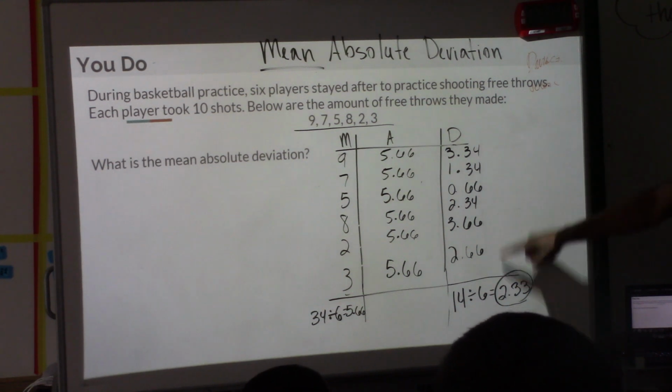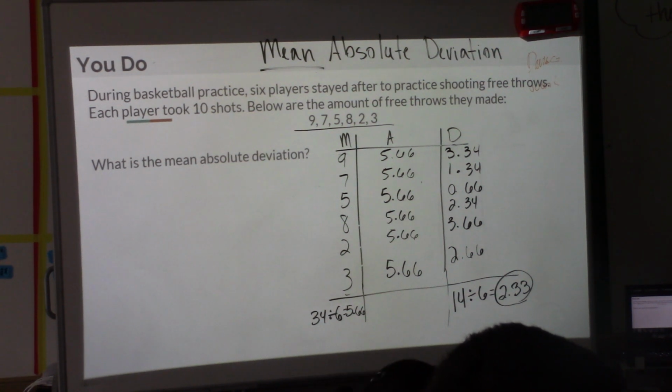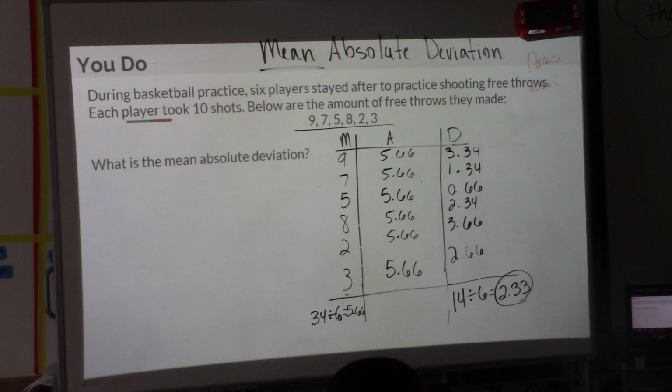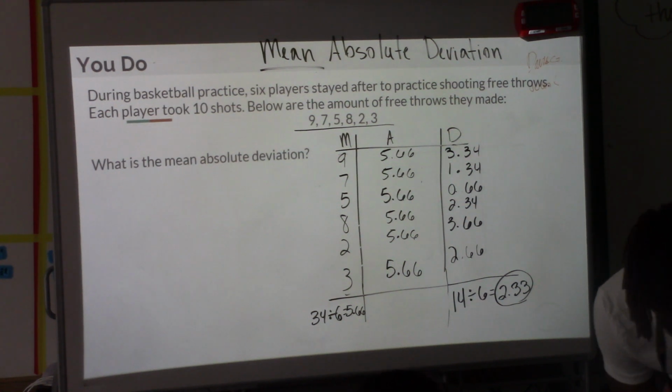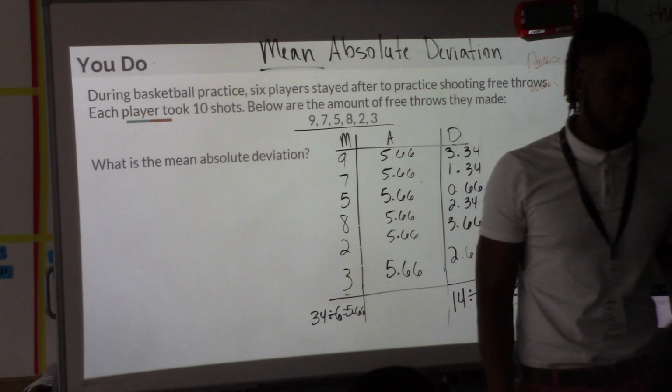Did you get 14? How do I get those numbers? Once you have the average, all you do is take this number, 9 minus 5.66. 7 minus 5.66. And if you said 2 minus 5.66, it would be a negative, but you just put the positive form of it. Anytime you're doing this, there's no negatives, you just subtract it.